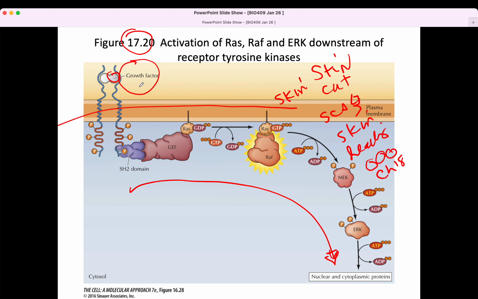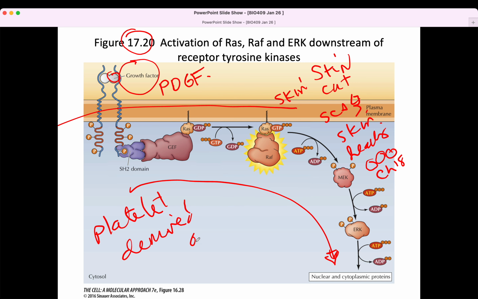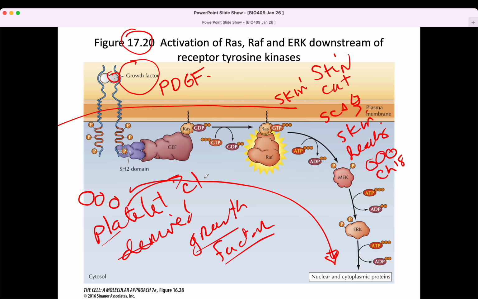And the case of the growth factor, it's called PDGF. And that's a good name because the name is platelet-derived growth factor. Okay, like that. And platelet-derived growth factor, the platelets at the site of a wound, platelets release clotting factor, and that clots the blood, makes the scab.